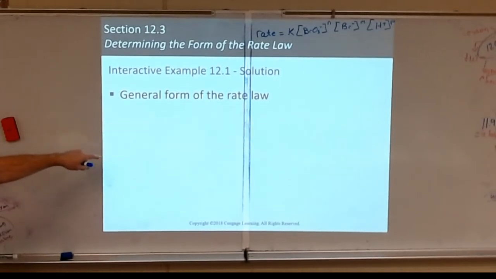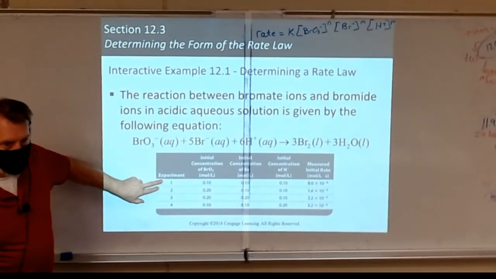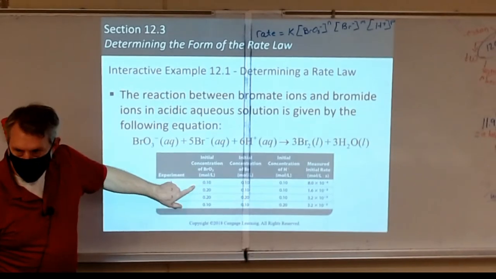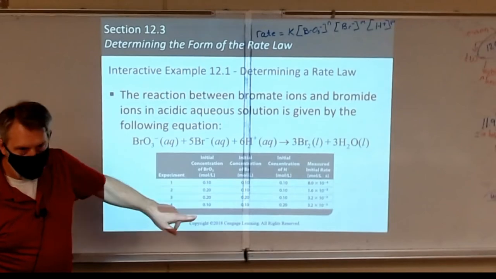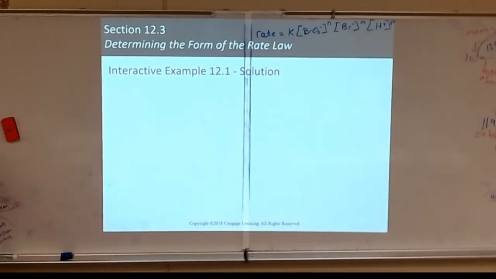The first one I want to solve, we're going to compare these two, because these two are the place where only bromate changes. Only bromate changes. We're only going to mess with one variable at a time, right? So let's go through the bromate.